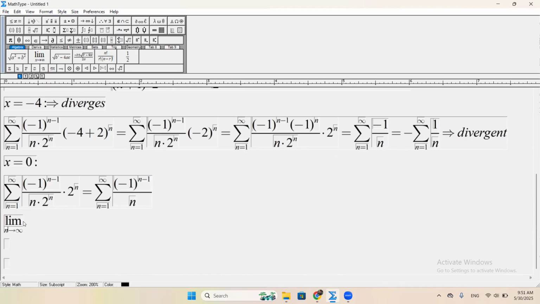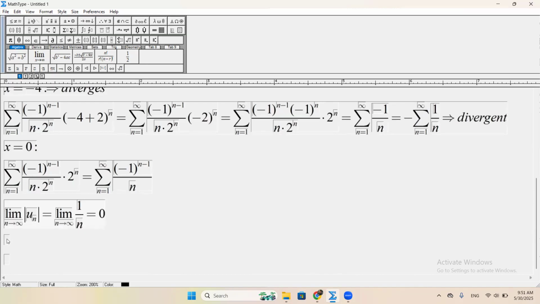First of all, I need to check the following condition. The limit of the module of un must be equal to 0. So 1 over n, and it equals 0. So the first condition is met.